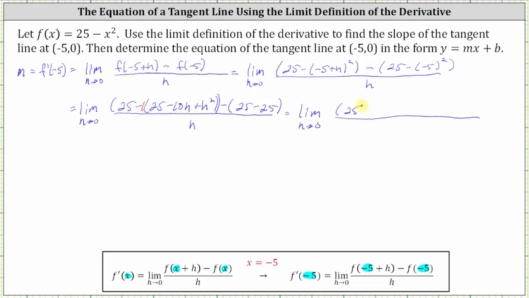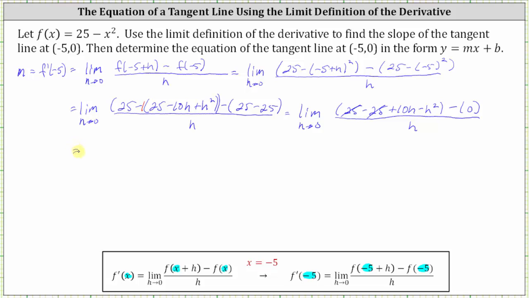So distributing negative 1, we have negative 1 times positive 25, which is negative 25, giving us minus 25. And then negative 1 times negative 10h is positive 10h, giving us plus 10h. And negative 1 times h squared is negative h squared, giving us minus h squared. And then we have minus 25 plus 25 over h. Notice 25 minus 25 is equal to 0, and that simplifies to 0.